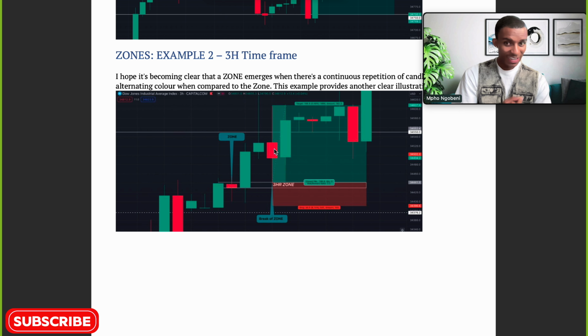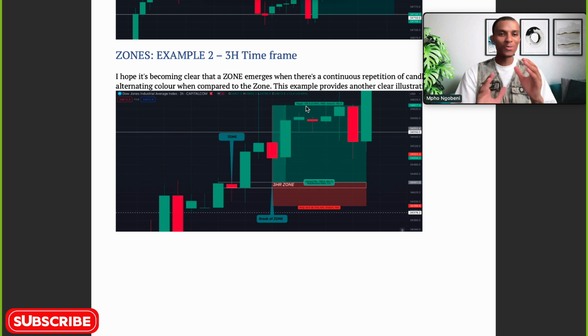A red again appeared out of nowhere here, then green, green. When something like that happens, it creates a support and resistance. If you go to a lower time frame and try to understand what's happening at the zone, you're gonna see that it's a break of market structure and a continuation. It's like a change in character in a way.